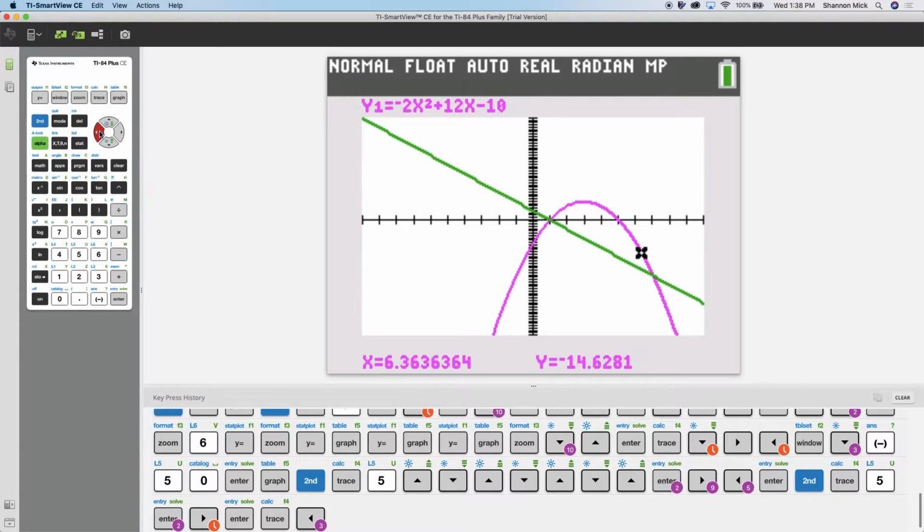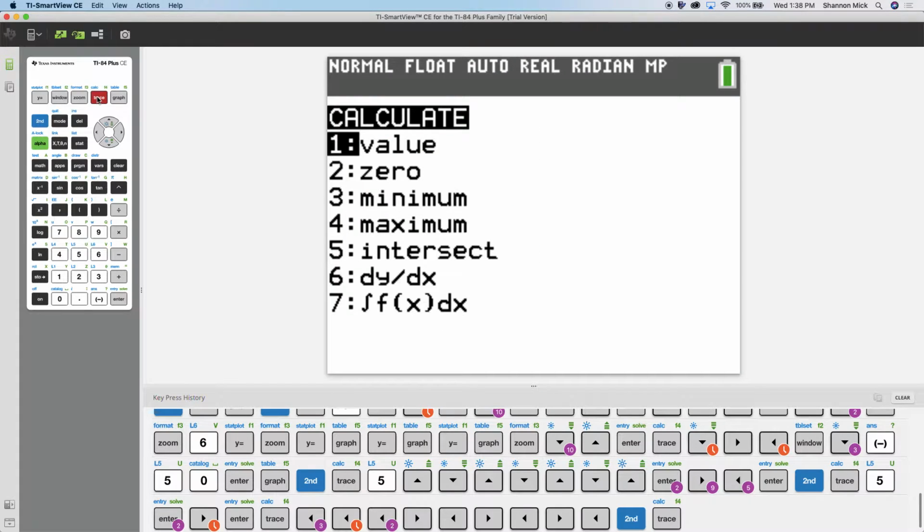Hit trace. See if you can get there. You can guess, right? Is it going to get exactly? No. So second trace, it's going to be a minimum? It's going to be maximum. If you hit minimum on this, it's going to tell you not right. So we're going to get a maximum.